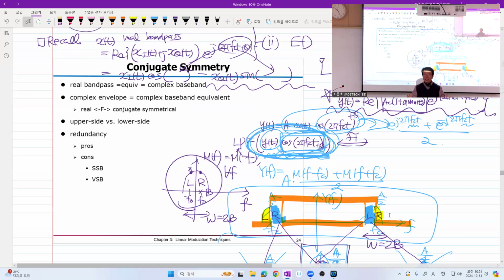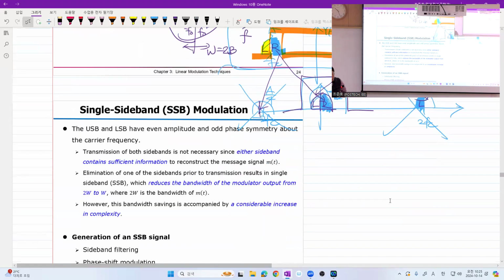Maybe an amazing breakthrough or even disruptive technology at that time. Got it? So here goes the idea. Let's remove one of the sidebands. That is the idea of single sideband modulation. And we are going to see that one.